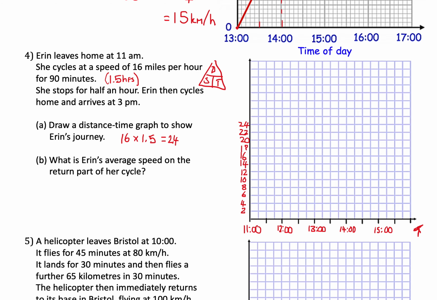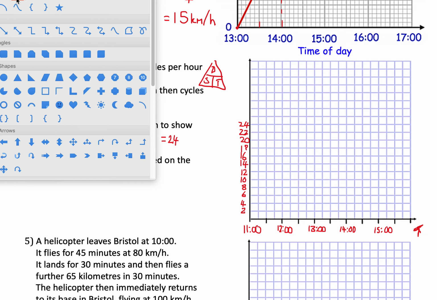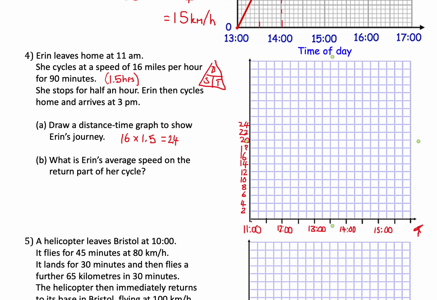Okay, so I've got my first point. Let's put a line in. Oops.